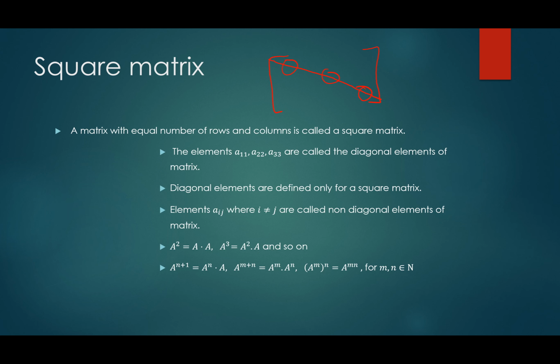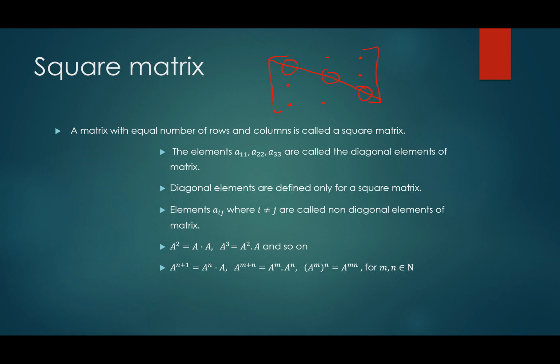Okay, next point, this one. It says elements aij where i is not equal to j are called non-diagonal elements of a matrix, meaning those elements which are denoted by these dots. Looking at this diagram we can clearly say that these elements are not on the diagonal. Hence for these elements i is not equal to j.